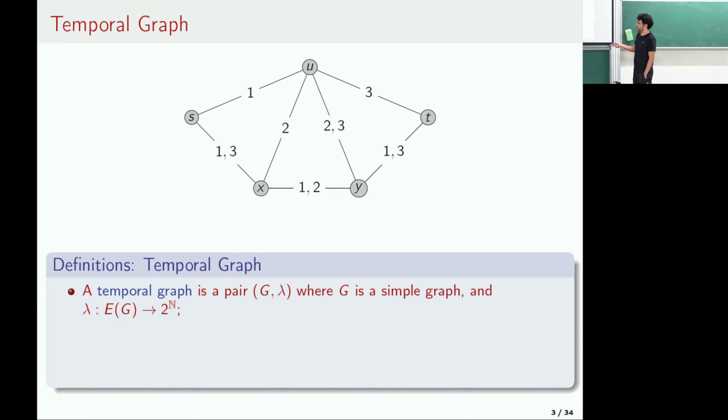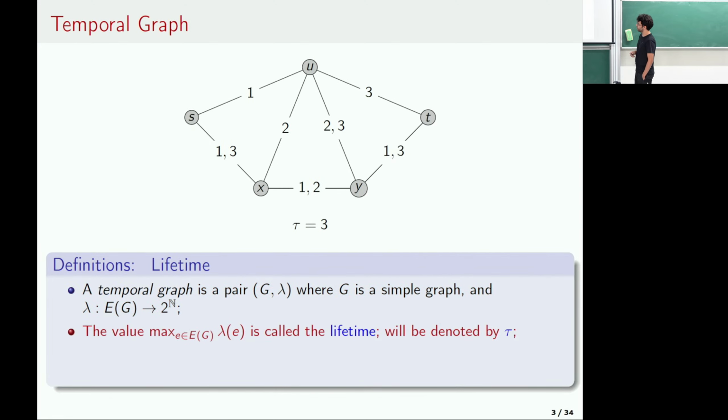Those subsets of integers are the times in which I can use those edges. The lifetime of my temporal graph is the maximum time in which an edge is active. Here I am assuming that edges are active at some times, but the vertices are always active. In this case, the lifetime of this graph is 3.